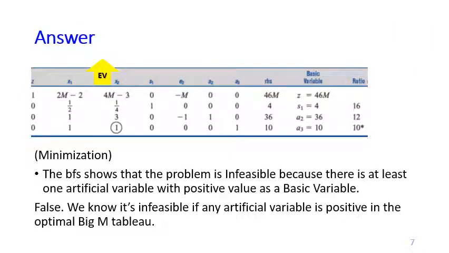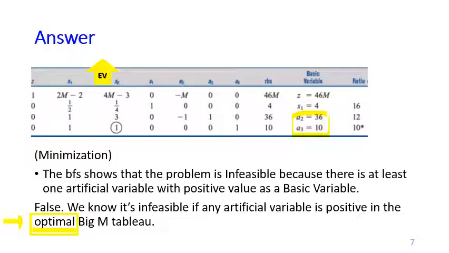The answer is false. We can say a problem is infeasible if any artificial variable is positive in the optimal table. So this word is very important. You can only say that an artificial variable appears as the basic variable and the problem is infeasible only when you have an optimal table. Then you can draw that conclusion.